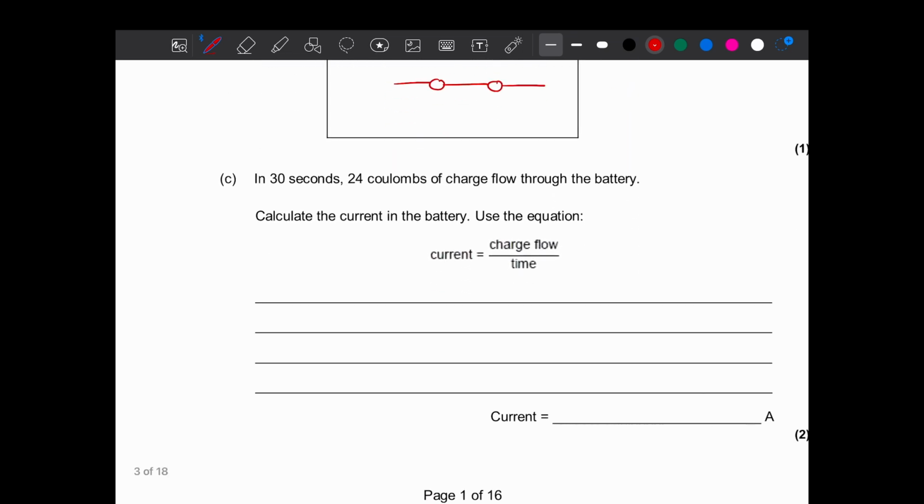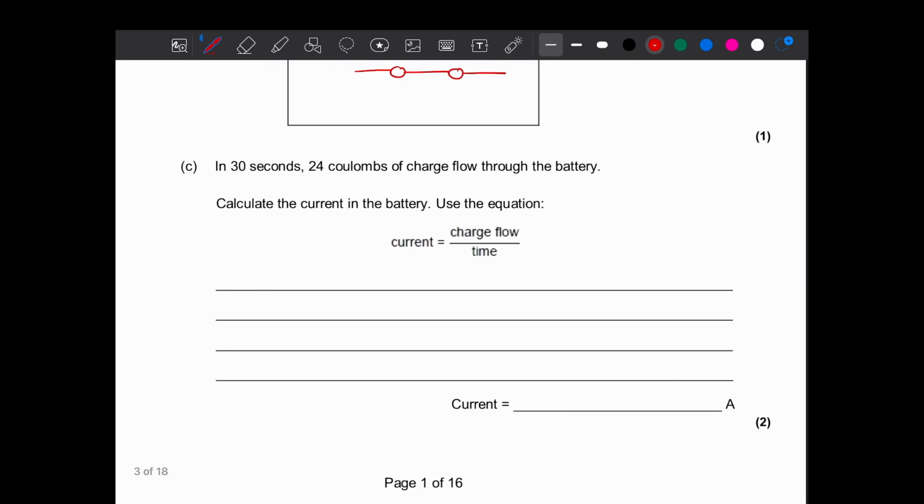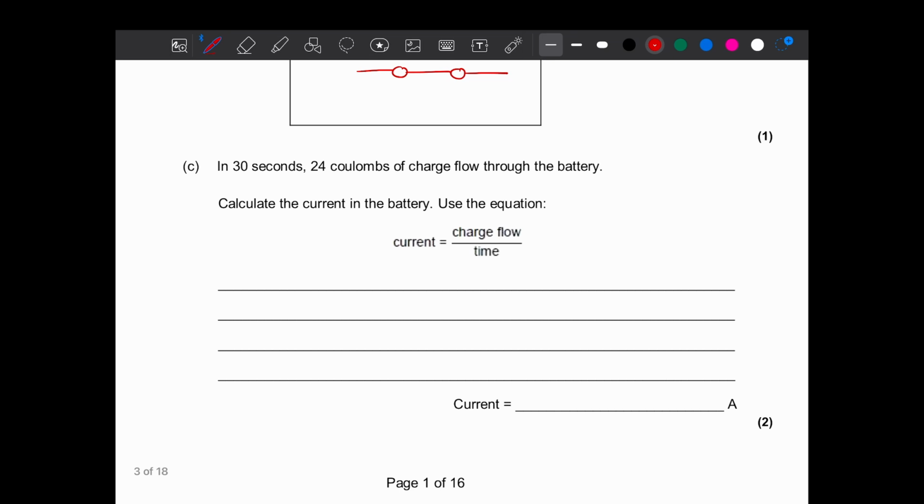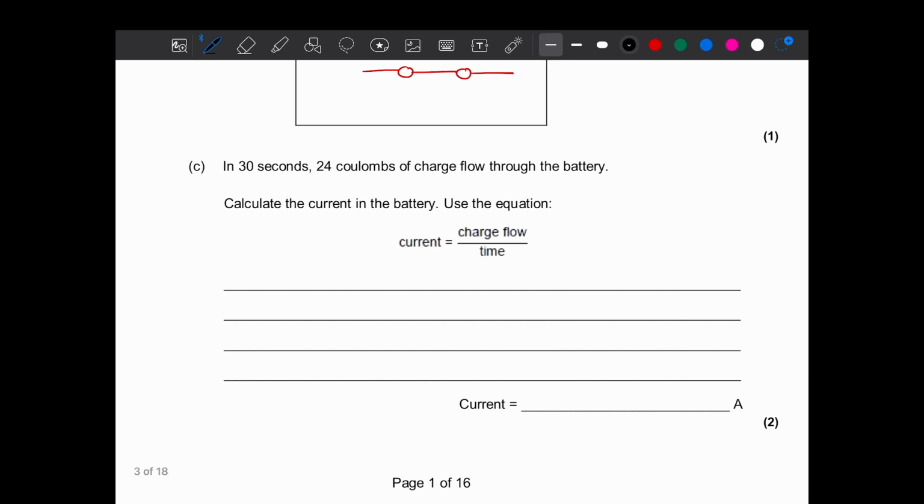Next up, we've got a simple question on current flow. Pause the video if you'd like to attempt this yourself. Now, actually substituting the numbers into this equation that has been given to us, we've got a current I being equal to a charge flow Q of 24 coulombs, as stated in the question, divided by a time of 30 seconds.